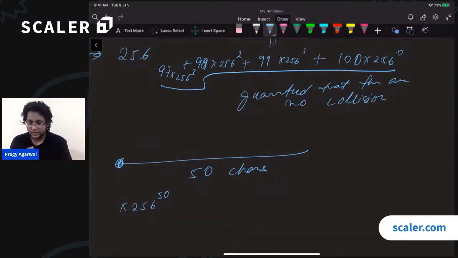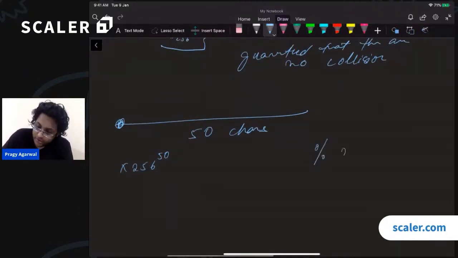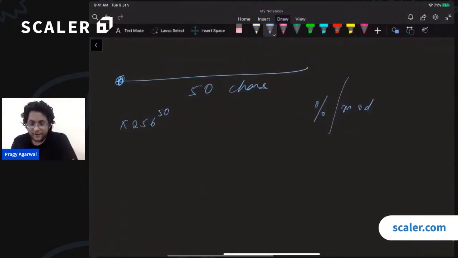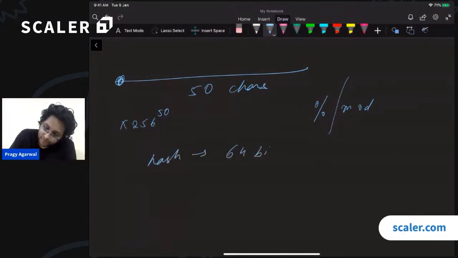So I have to reduce the size of the hash. And one common way of doing that is to just take a mod. Mod or modulus. What should we usually take a mod by? Well, we can try to take a modulus by the size of our hash. Suppose we can store 64-bit integers as hash.